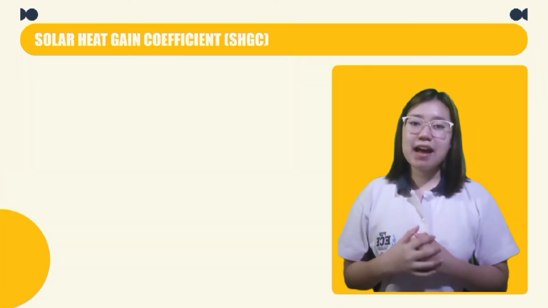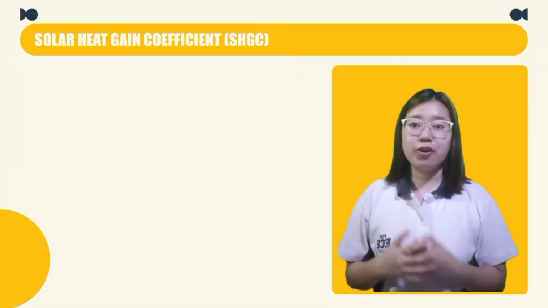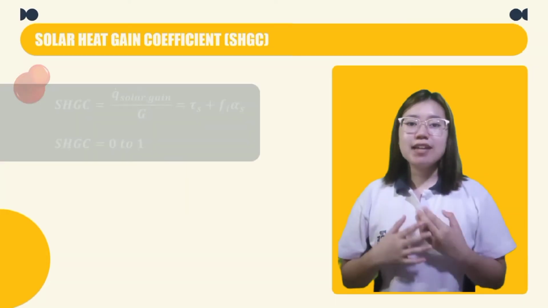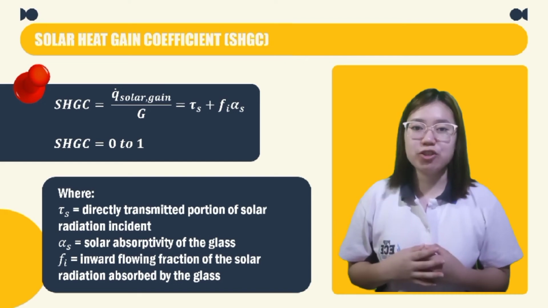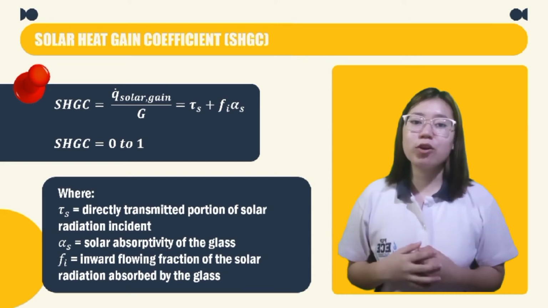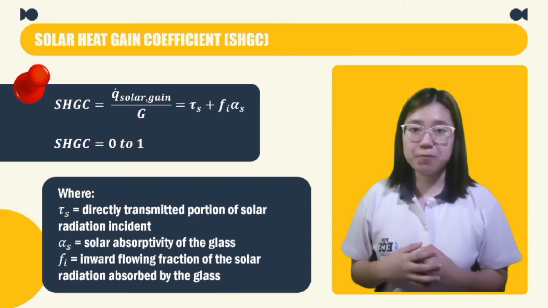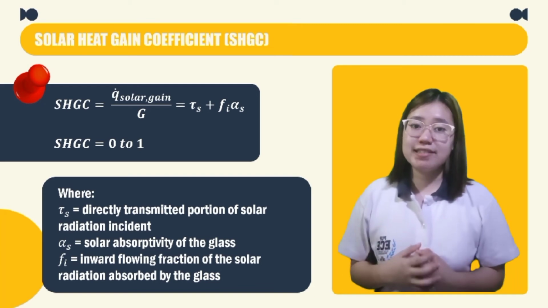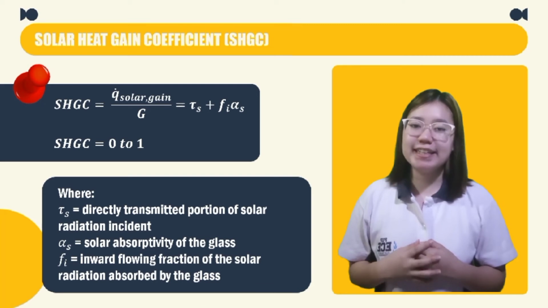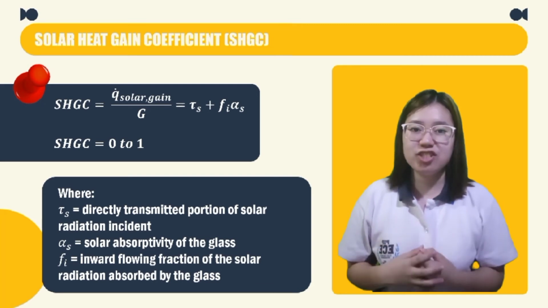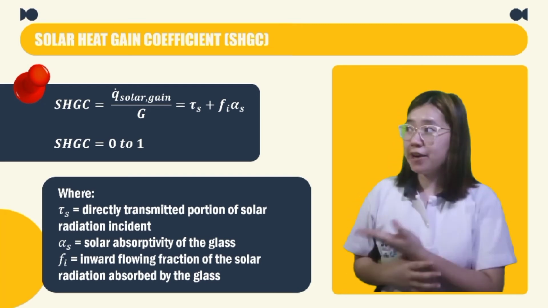Moving forward, let's have the solar heat gain coefficient or SHGC. The sum of the transmitted solar radiation and the portion of the absorbed radiation that flows indoors is what constitutes the solar heat gain of the building. The fraction of incident solar radiation that enters through the glazing is called the solar heat gain coefficient or the SHGC and is expressed as shown here.